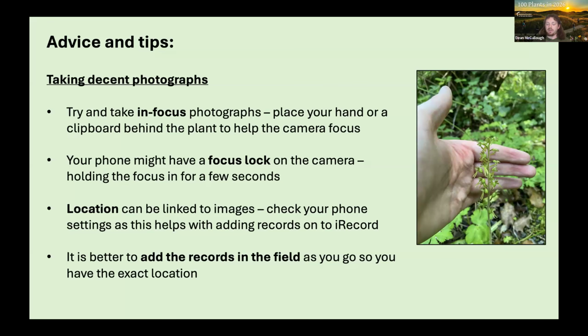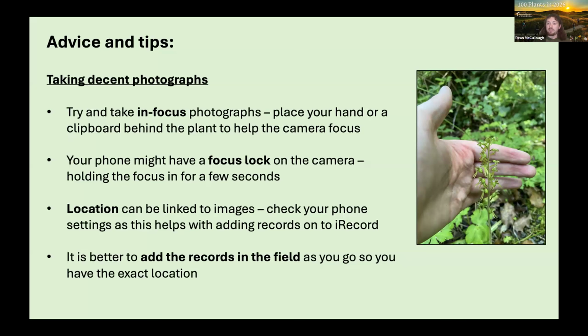because if you're recording in the field, as the last point shows, you can add the records in the field, and then you definitely have the right location. If you take 50 photos and then go home and record them or upload them after, the location might be set to your house.